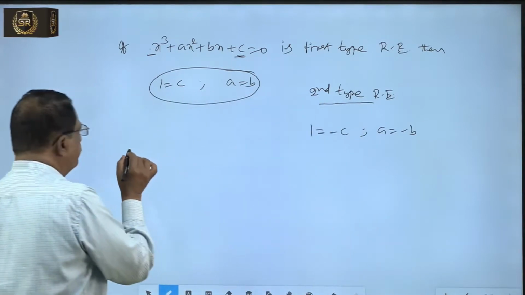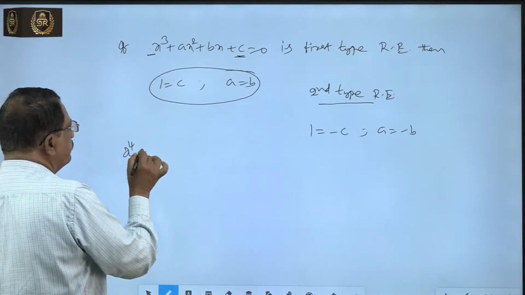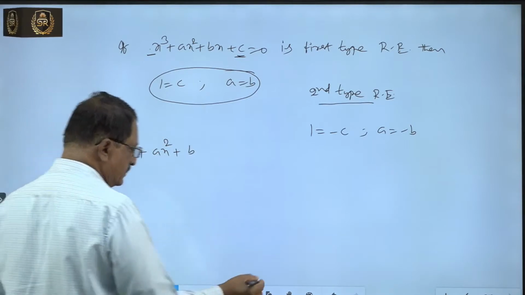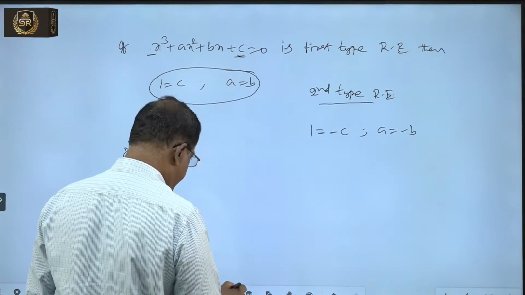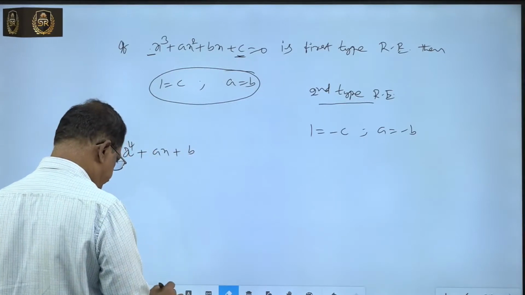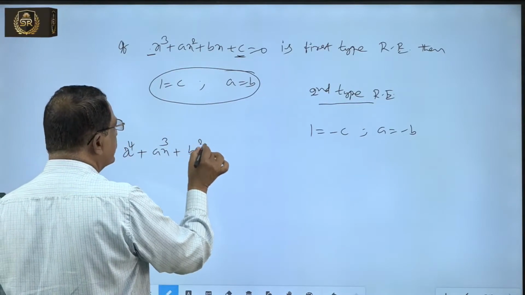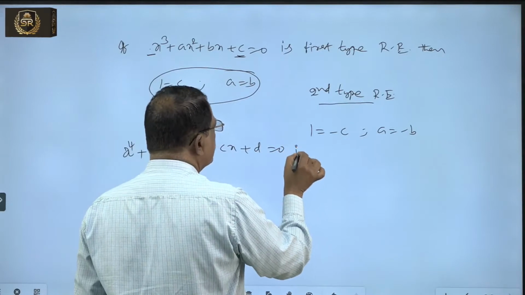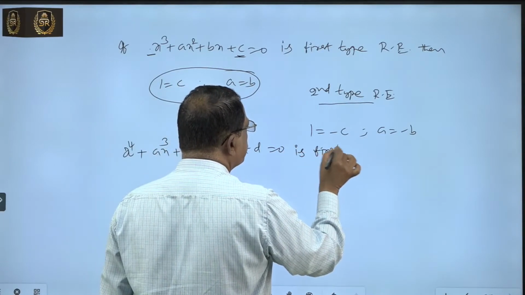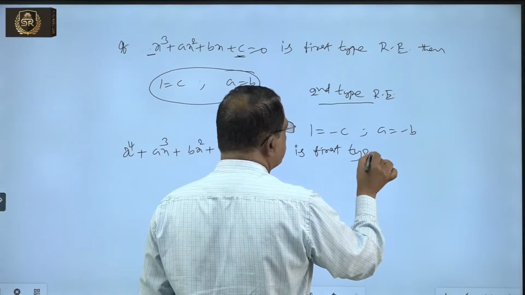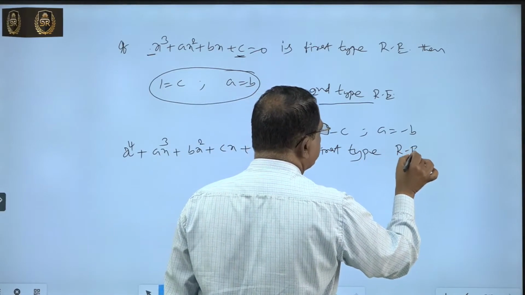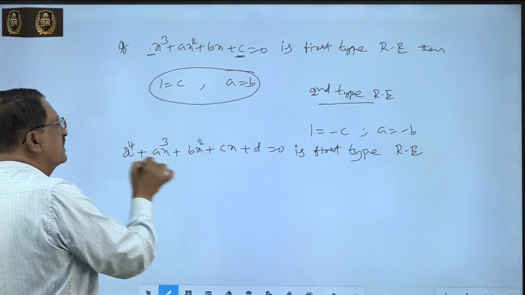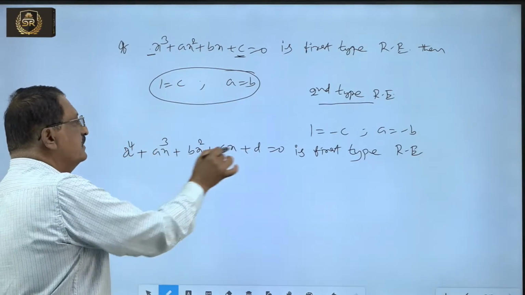Next, if x to the power of 4 plus ax cube plus bx square plus cx plus d equals 0 is a first type reciprocal equation, now compulsorily, because it is even degree, the degree of the equation is 4.